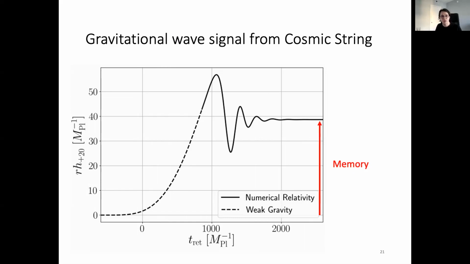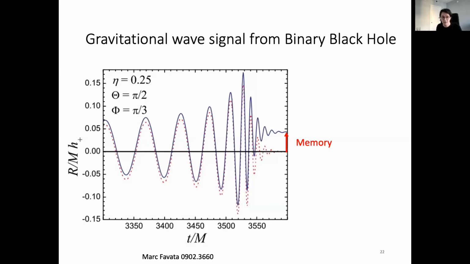For example, for binary black holes, you would also expect some memory. You typically don't see that in the signals, just because these come from numerical relativity, and reconstructing the memory is quite difficult. So typically it's filtered out and not shown.